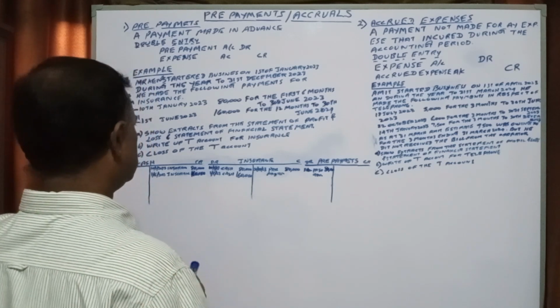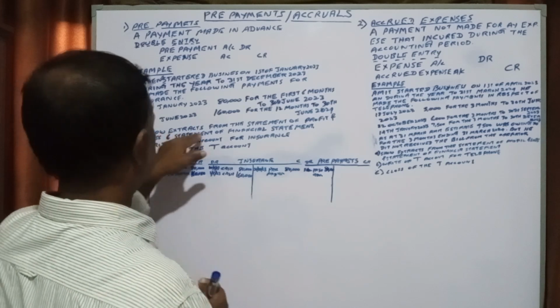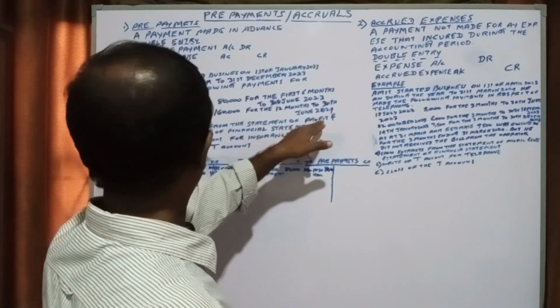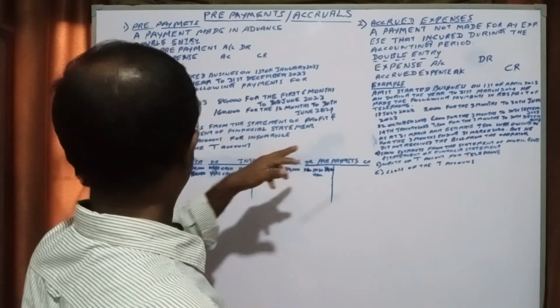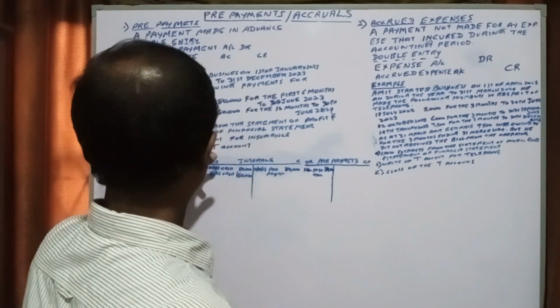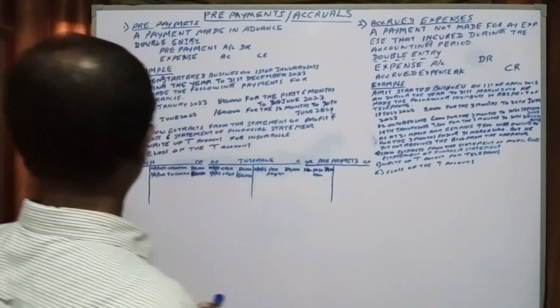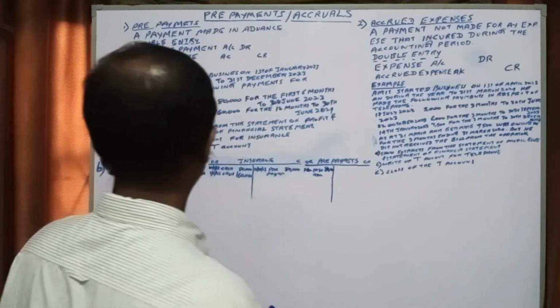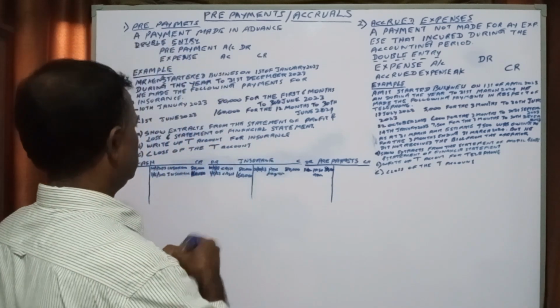First, show the extracts from the statement of profit and loss account and statement of financial position. Write up the T account for insurance, that is B, and C is to close the T account.